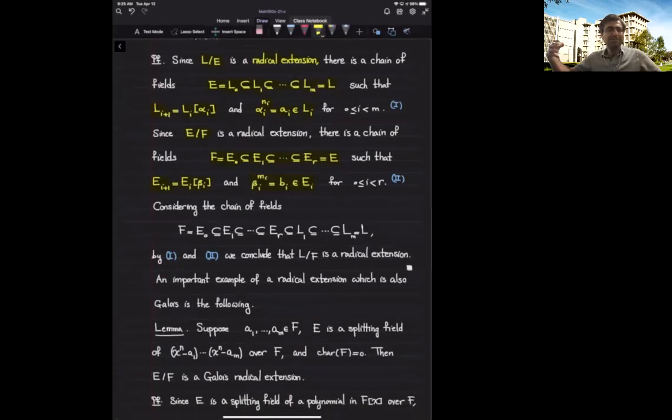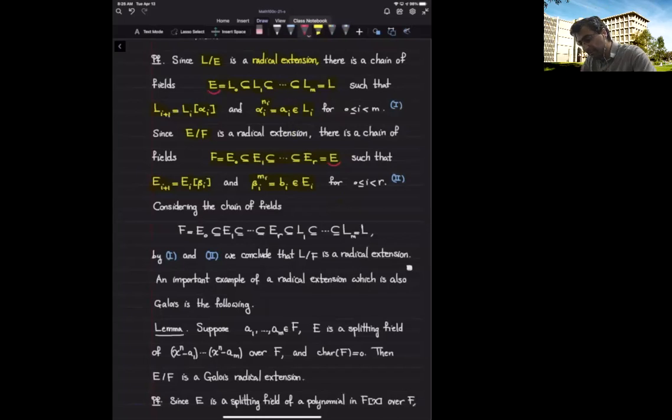Now I'm going to simply concatenate these chains, and they start this time from F and end at L. Notice that where this chain starts is exactly where this chain ends, so I can actually concatenate these chains.